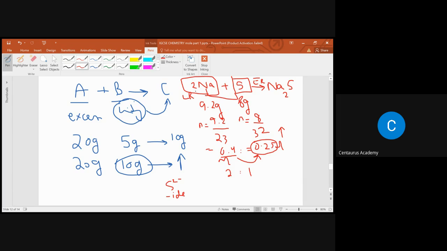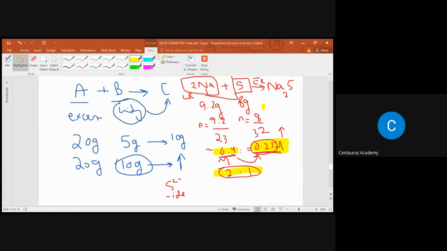Here it says 2 moles of sodium reacts with 1 mole of sulfur to produce its sulfide, right? So if 0.4 moles of sodium is reacting, how much quantity should be of sulfur? It should be half of it, right? According to this molar ratio, half of 0.4 should have been 0.2. But here we have a greater quantity of sulfur.